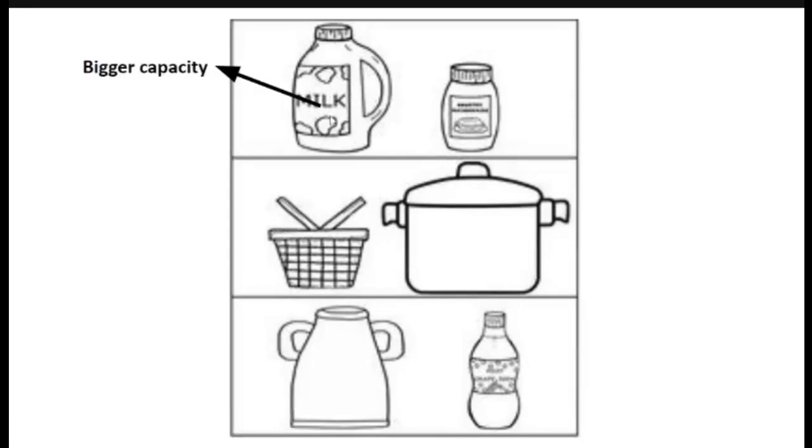This bottle has bigger capacity, and this jar has smaller capacity. We can put a lot of milk into the bottle. And this jar has small capacity. We cannot put so much into it.